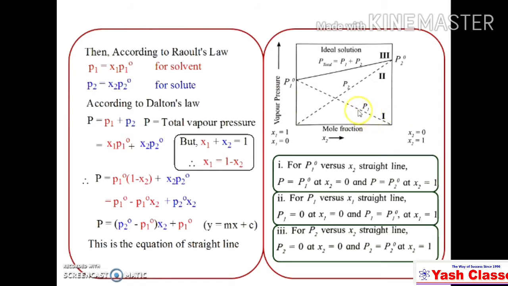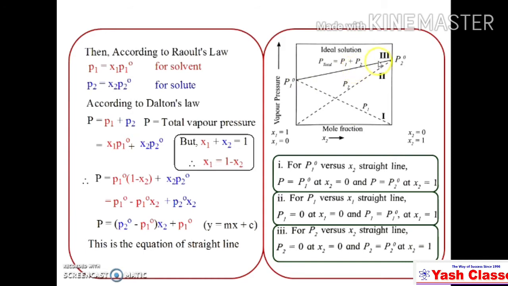When we proceed along this line, the value of x1 increases steadily, and the corresponding x1 value is maximum, that is x1 is equal to 1, and therefore at this point P1 is equal to P1 0. So this line represents P1, that is the partial pressure of A1.